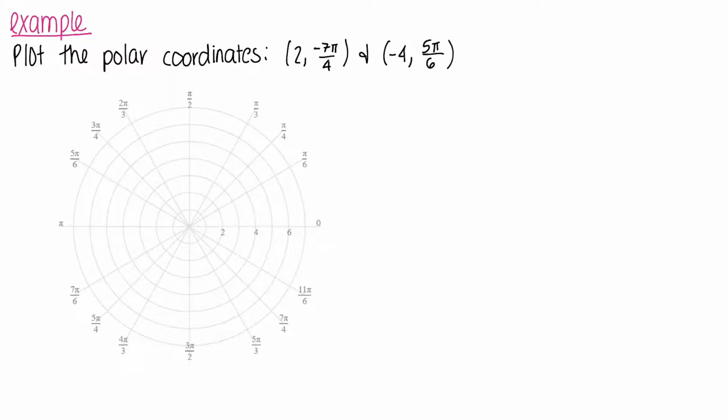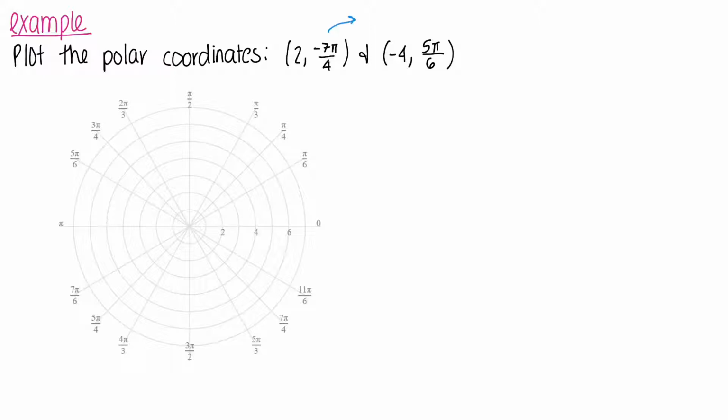Let's get a little bit fancier here. More plotting points. This time we have a negative angle: negative 7 pi over 4. You have options here. We could make this into a coterminal angle that's on here, or you could start at 0 and go backwards 7 pi over 4. Either way works.